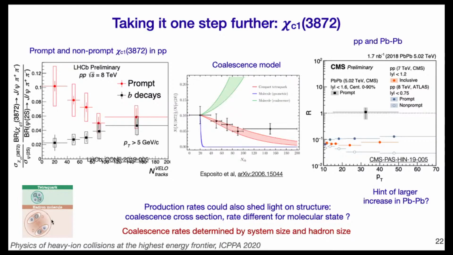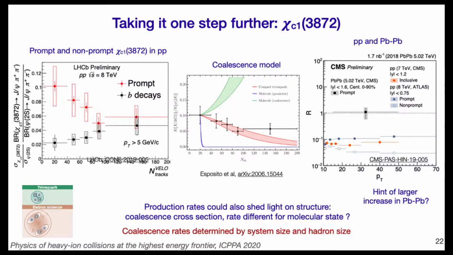For a tightly bound state versus a hadron molecule, the suppression rates are quite different, and according to this paper, the data are mostly in line with the compact tetraquark interpretation of the state.